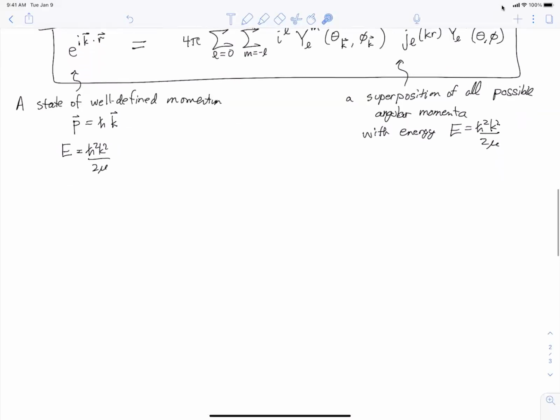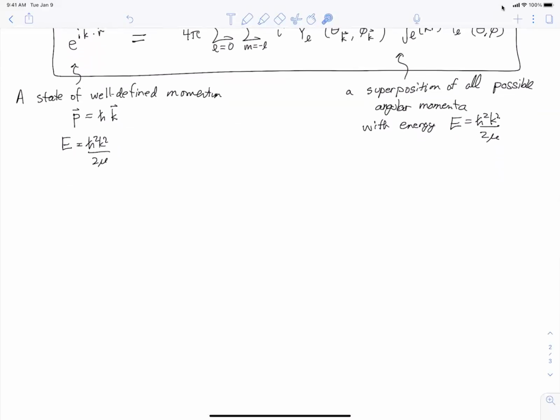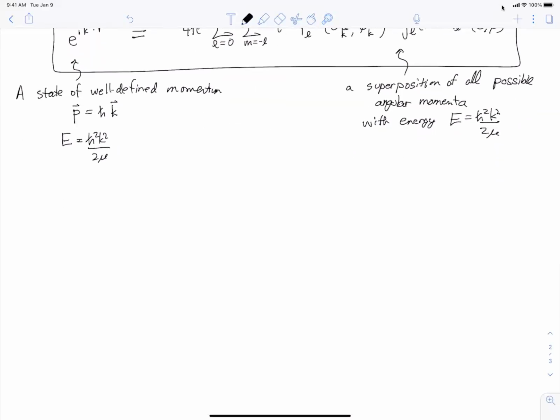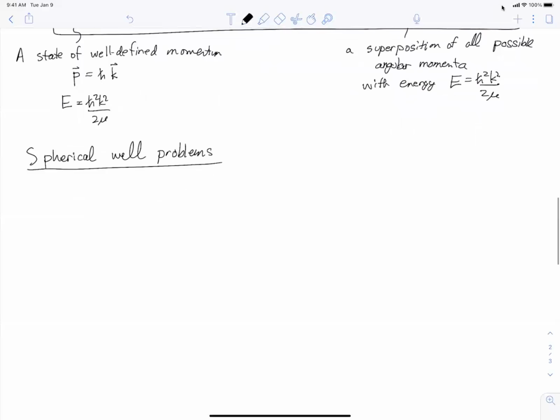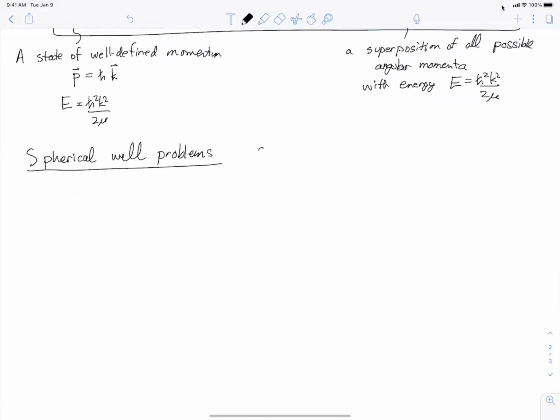All right, so we can apply this technology to much more than the free particle though. And so I'm going to do that now for the case of spherical well problems. We'll start with the simplest possible one. Suppose that our potential, I'm going to write it as only a function of the radial coordinate to make it spherically symmetric, is either 0 or infinity.